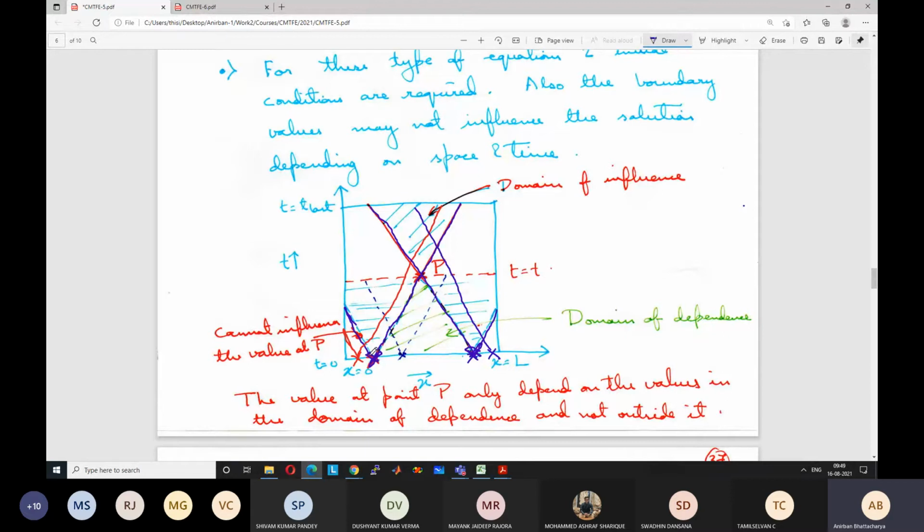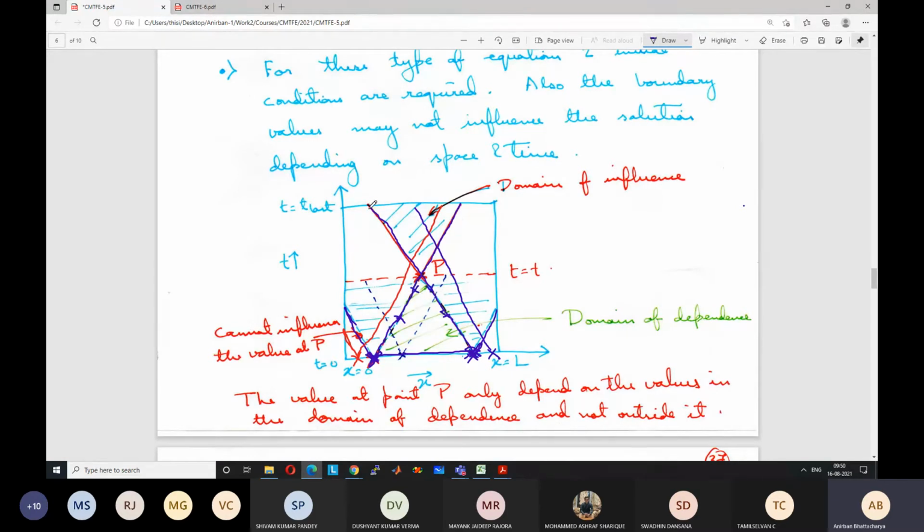So from this point onward up to this point, anything within this area can influence the point P. At any other time, we can do the same exercise, and we will see that any point bounded by these lines can only influence this point P. As we go near point P, this region becomes small.